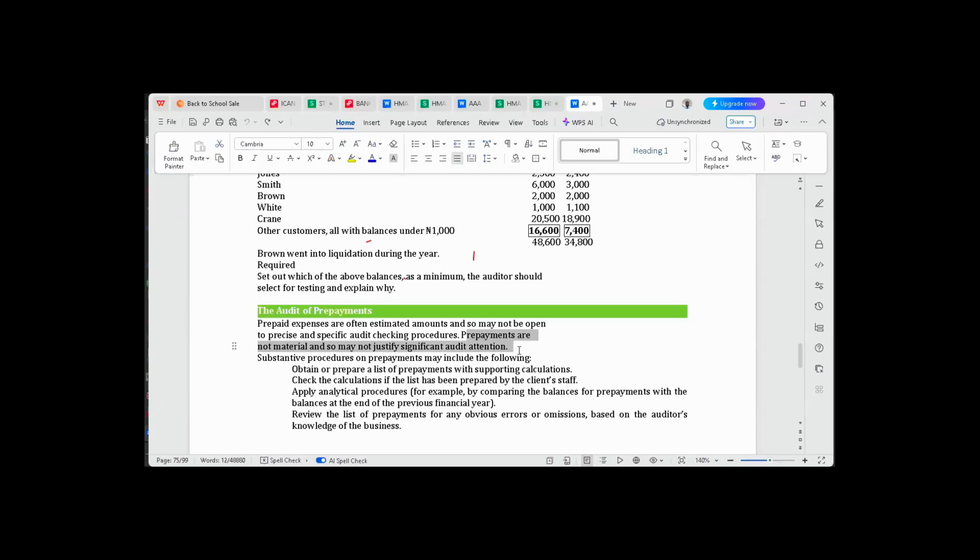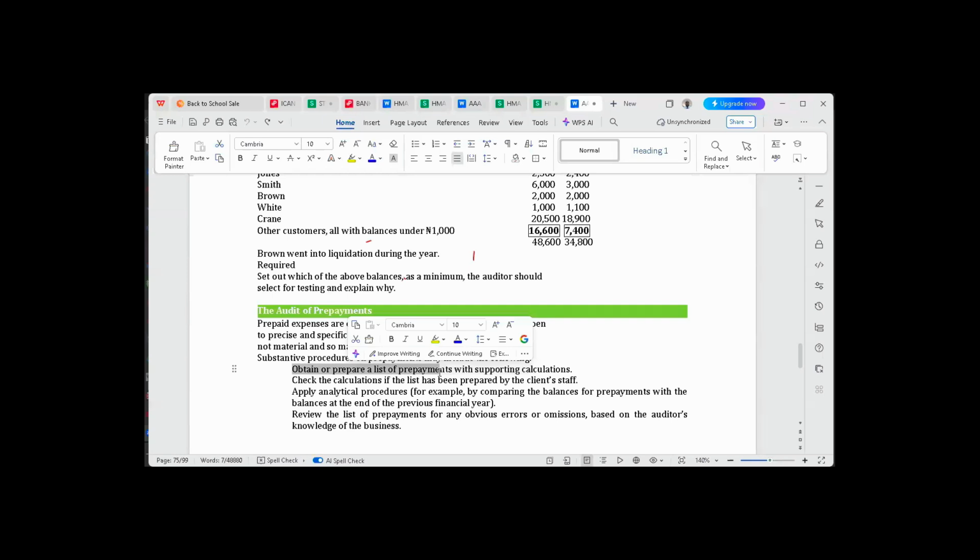Now, prepayments are not material and so may not justify significant audit attention. Now, the substantive procedure on prepayment may include the following. Number one, obtain or prepare a list of prepayments with supporting calculations.